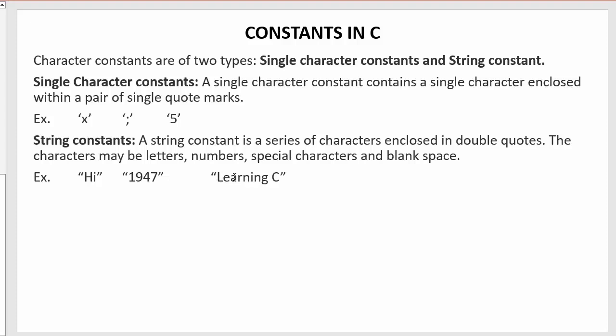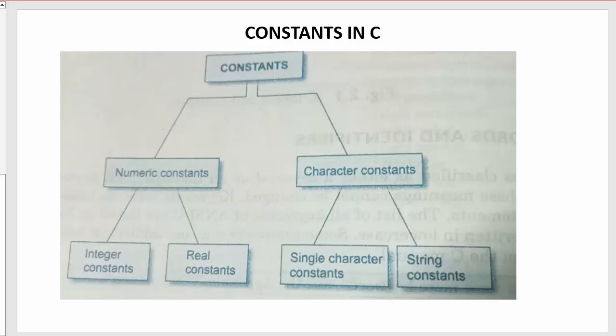So this is everything about constants in C. In this video we have seen everything about constants, starting with the definition of constants, the syntax, and the various ways of using constants in our programs. Later we moved on to discuss the various categories of constants, and we saw each of those categories in detail.